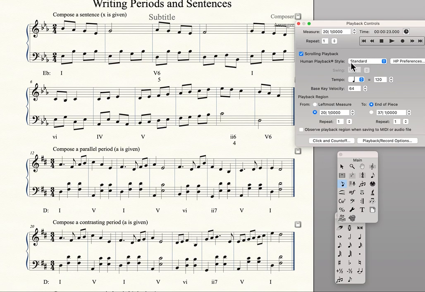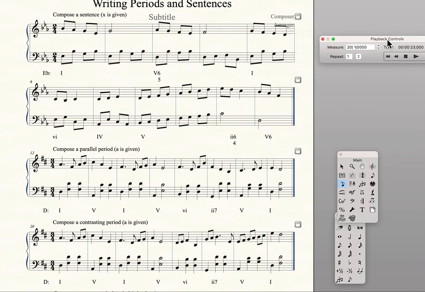And like I said, there are advantages to both, right? All kinds of things. So let me just drop this to the leftmost measure, get this out of the way, and just one last time before we go.